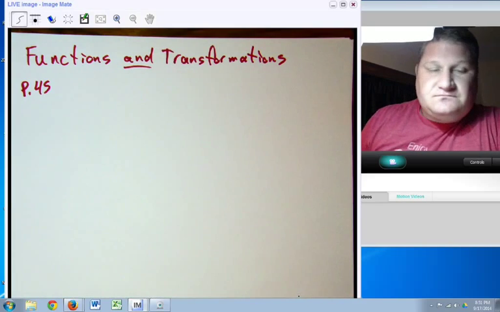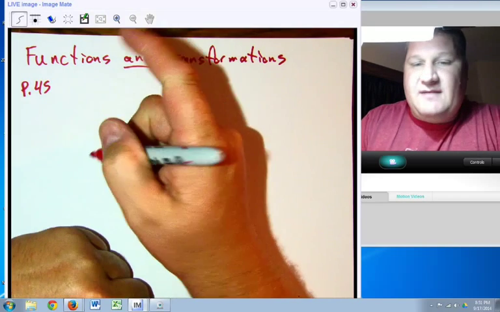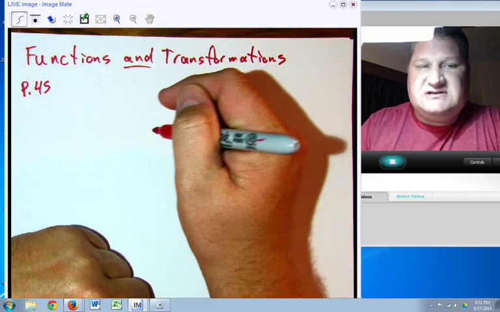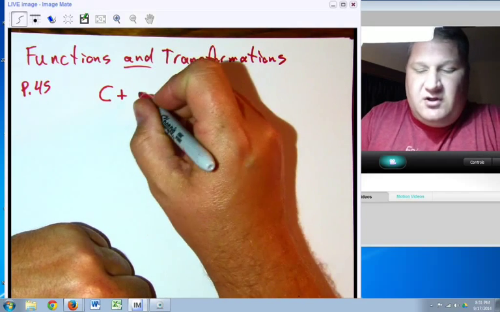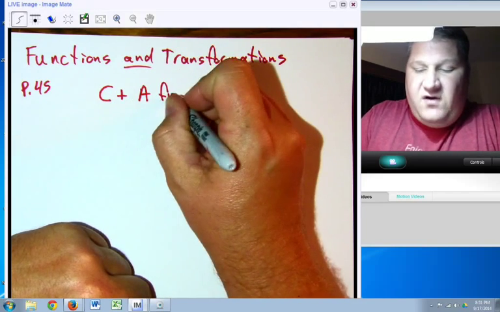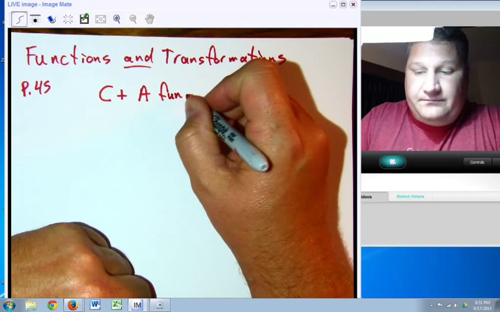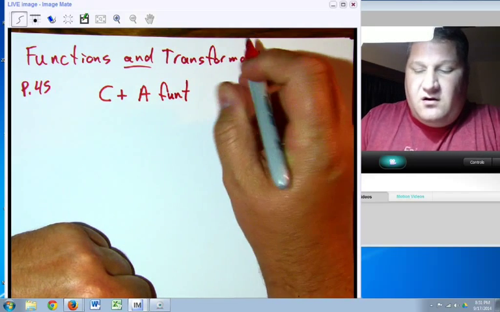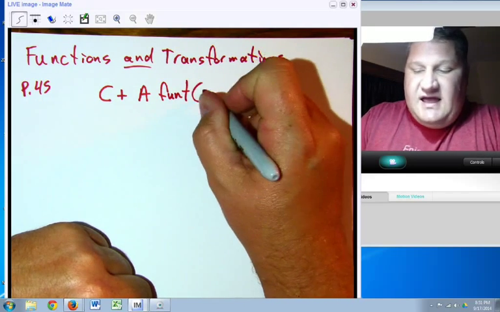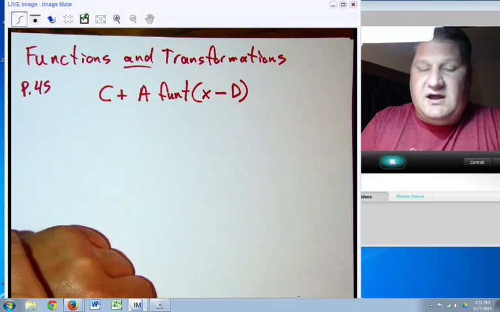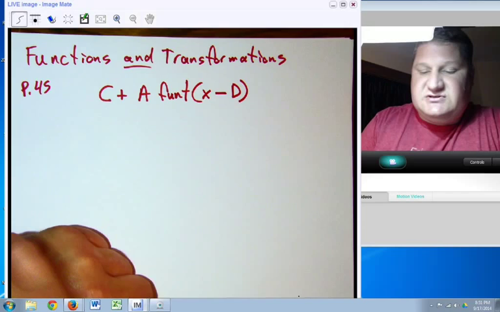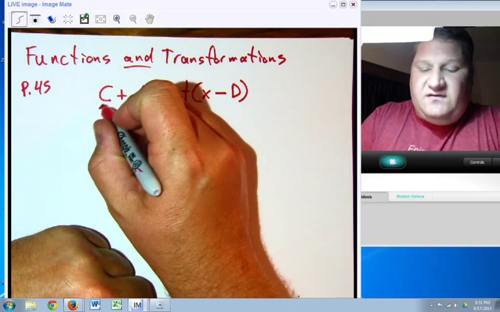Now, what we're going to do here is talk about how you turn those functions into something else. I want you to write down the following. C plus a function, x minus d. Now, in this case, you have some placeholders.